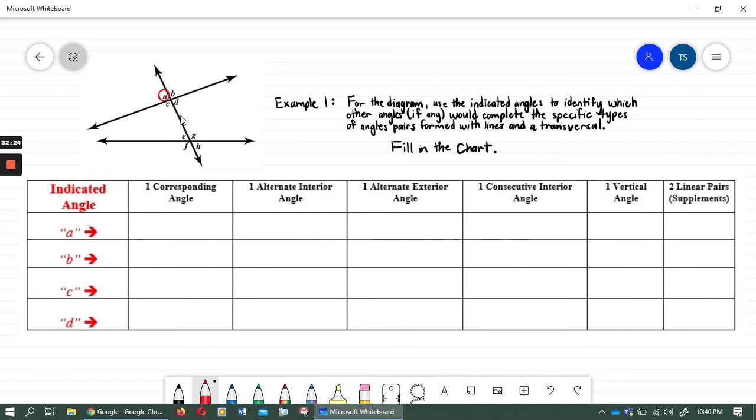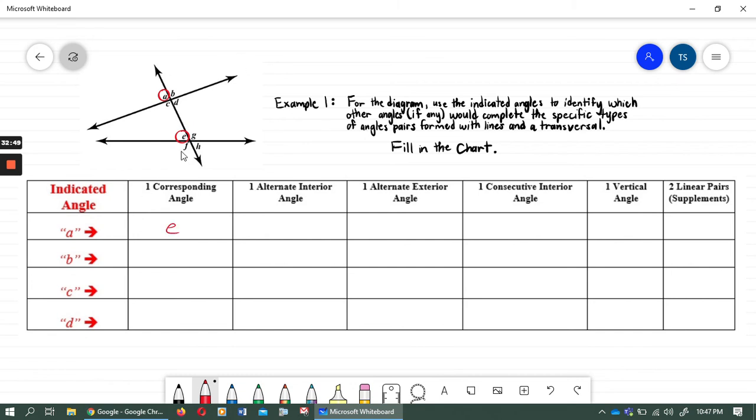Right now, angle A is in the position of sort of an upper left. So the corresponding angle, also in that same upper left position, would be angle E. So I'm going to write E there, okay?